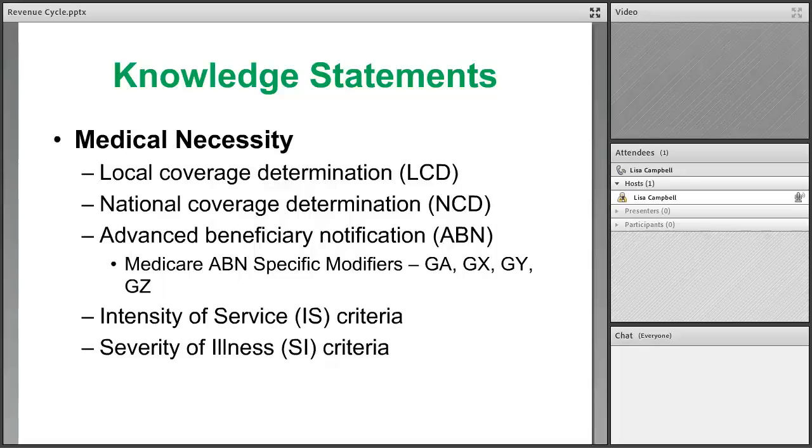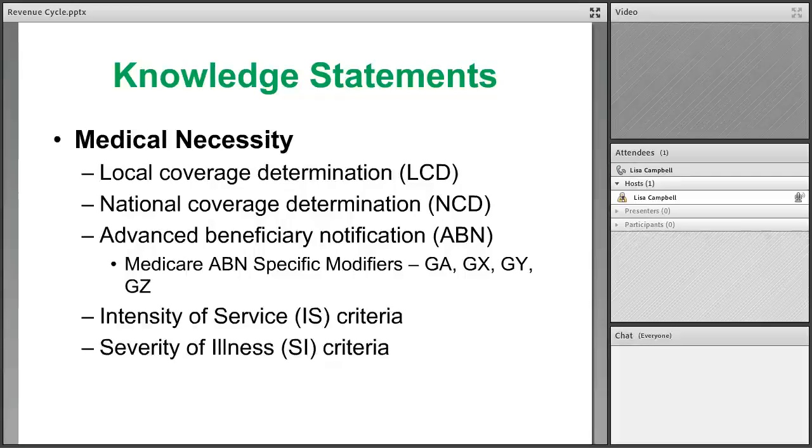Another area that you need to know as it relates to the revenue cycle is the advanced beneficiary notice, which we refer to as the ABN. The advanced beneficiary notice ultimately is a document that we provide to the patient in situations where we believe that Medicare is not going to reimburse us for the service.